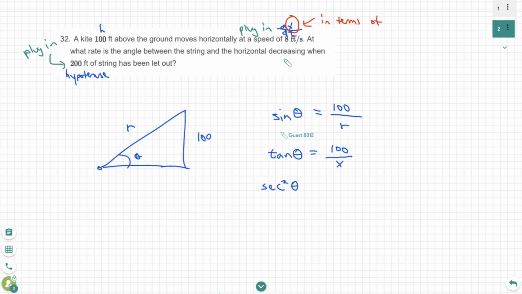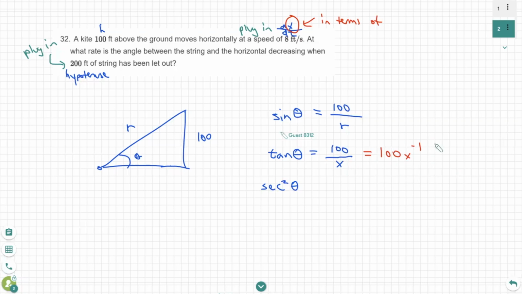How do you differentiate when you have an x in the denominator, 100 over x? Turn it into an exponent, exactly. So x to the negative 1, because negative flips it, and there's no exponent on the x, so that means it's an exponent of 1.